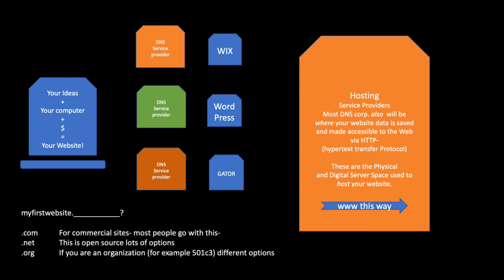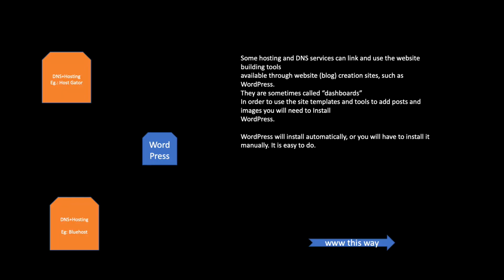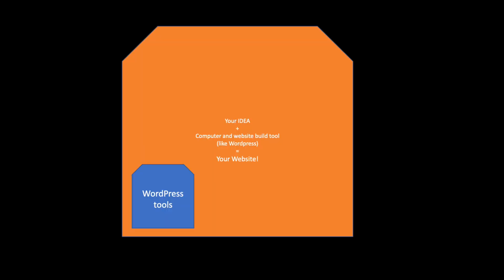In this case, since you're building a website, you go on the web and pick one of the sites that are designed to build websites, like WordPress, Wix, and so on. I used Bluehost to hold my site and buy my domain name, and then through Bluehost I used their tools. I'll show you that in a video next.